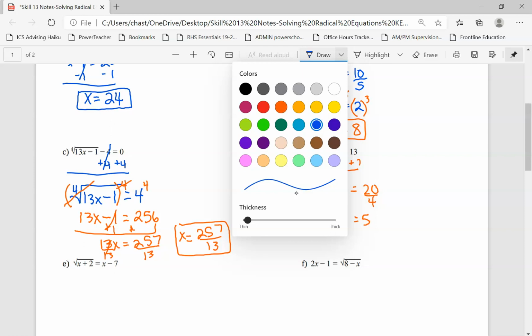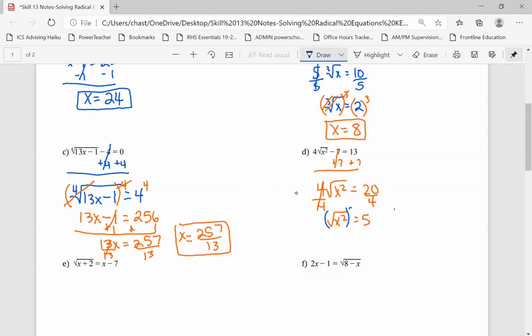Now what we need to do is square both sides. That gives us x squared equals 25. Take the square root of both sides, and we get x equals plus or minus 5. Okay? So you just have to be careful with that one.